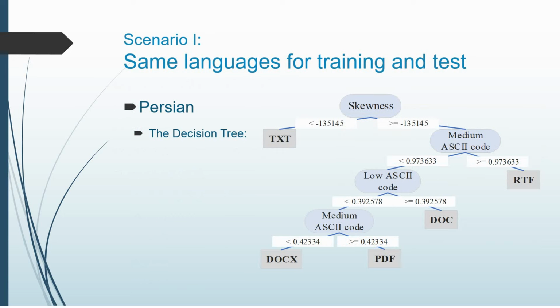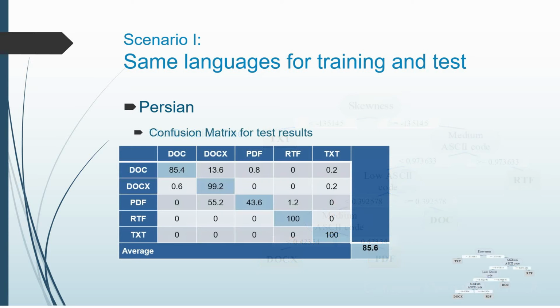When the language of training, validation, and tests are the same, for example here, Persian, the decision tree is shown. As you can see, skewness is the most important feature. The results are around 85% in test, so we can assume that's a good result when the training and test languages are the same.